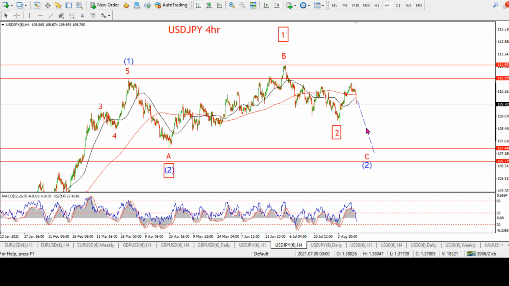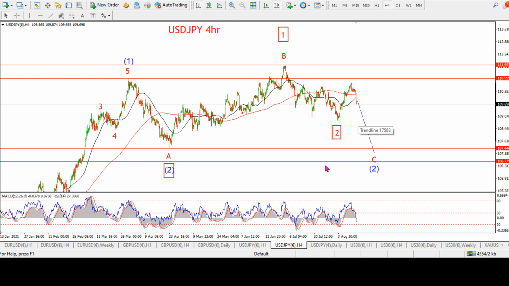Today's action, I've got to say, leans in favor of further declines into wave C of 2. It really does at this point in time, simply because it has accelerated so deeply. I did expect a correction, but I did not want to see it accelerate so deeply.